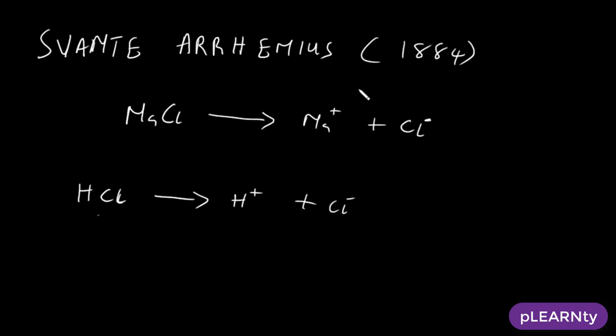He also said that bases are substances that when dissolved in water, they give us hydroxide ion. So we have the example NaOH. It gives us sodium ion and then it gives us hydroxide ion. So this is very logical because look at what we have here, sodium chloride.